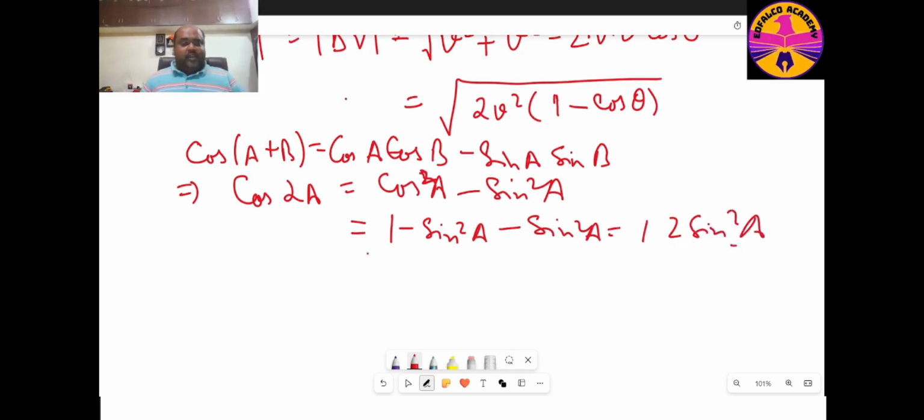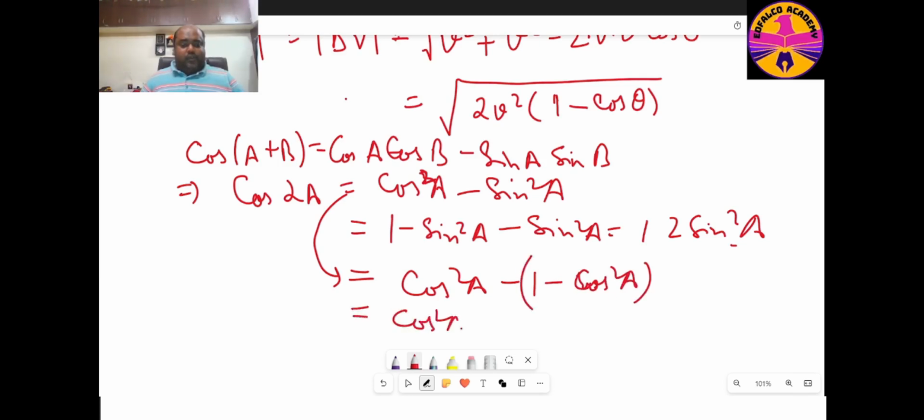Or you could have also written it in terms of cos square a, keeping cos square a and making sin square a as 1 minus cos square a. After opening the bracket, it will become cos square a minus 1 plus cos square a, which makes it 2 cos square a minus 1, right?